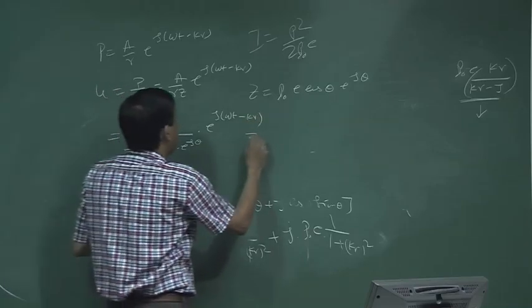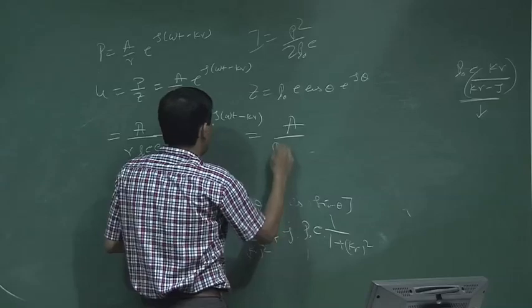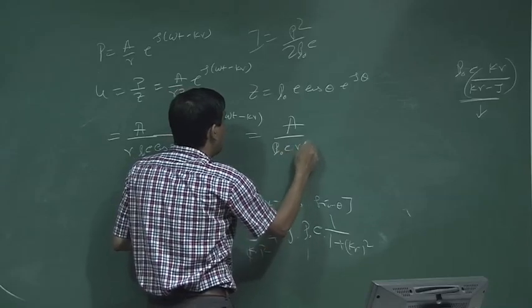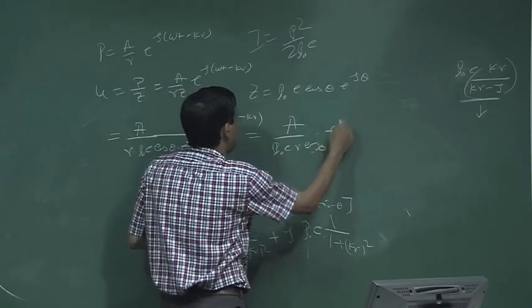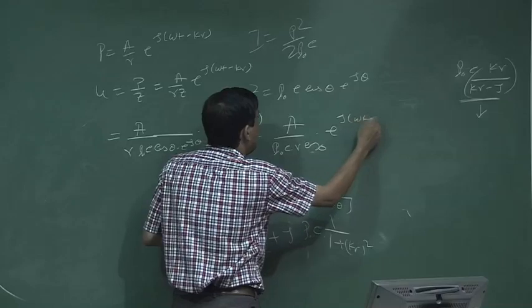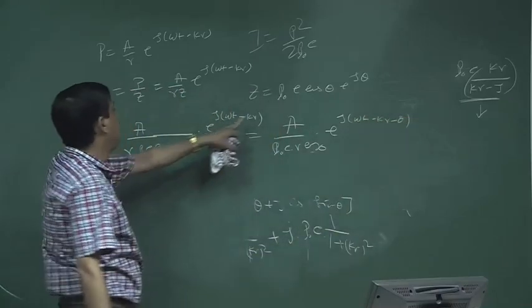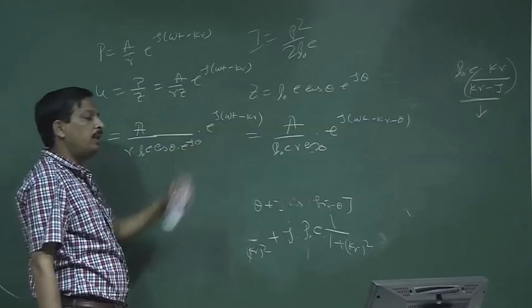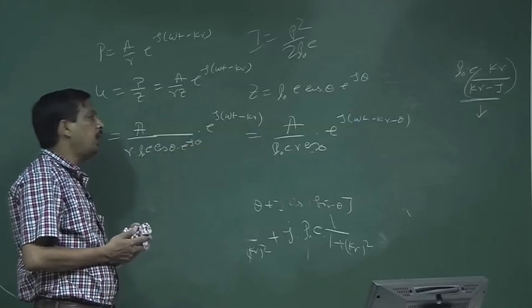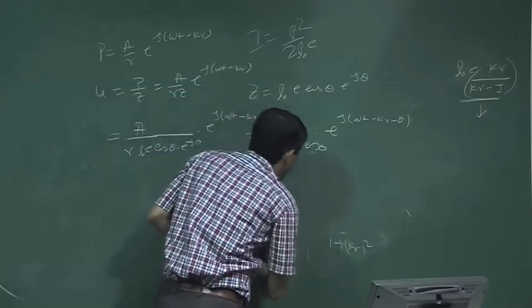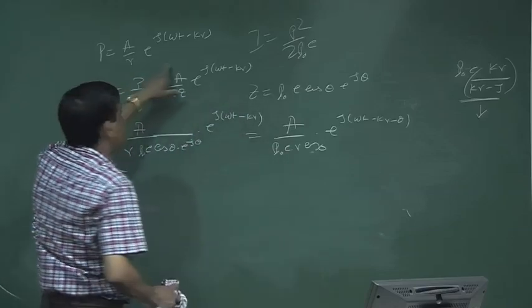So, I can write A by rho 0 c r cos theta into e to the power j(omega t minus k r minus theta). Okay. Now, this is u and this is p.